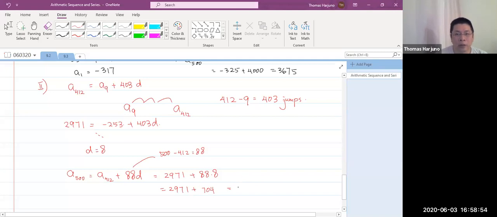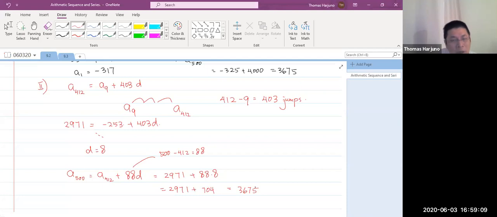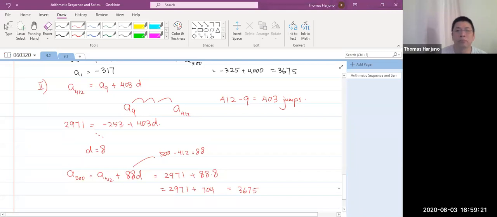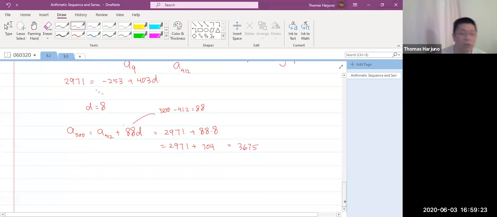So I get 3,675. Okay, so the second method basically didn't need to look for the first term, didn't need to look for the nth term, the general term, but just go ahead with the 500th term. Now let me go on.